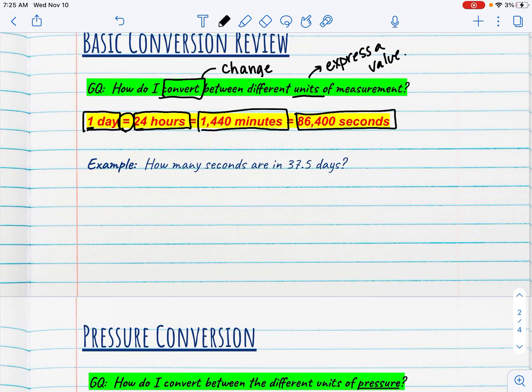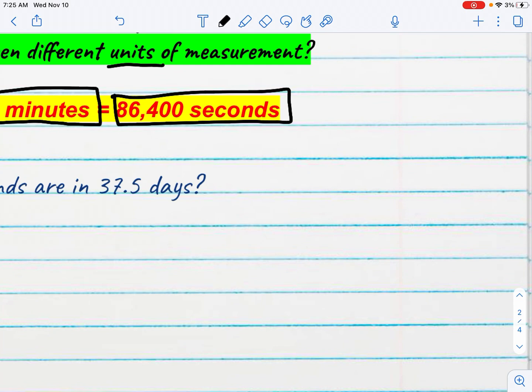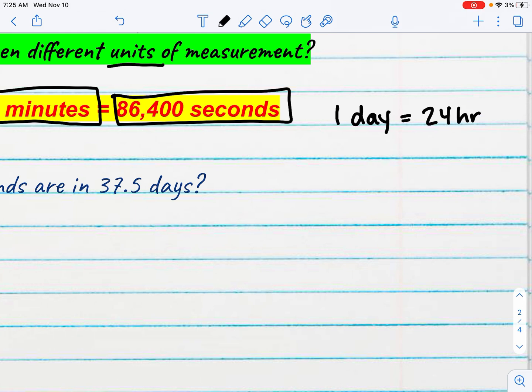Now we can take any of those and create a conversion, all right, a conversion factor. So for example, if I take one that we know here, I know that 1 day is equal to 24 hours, okay? That's like saying 1 equals 1. All right, I can create a conversion factor or a fraction that shows that relationship. So 1 day is equal to 24 hours.